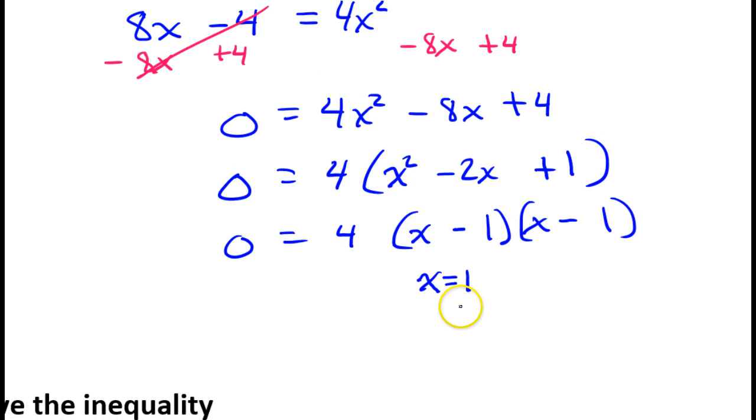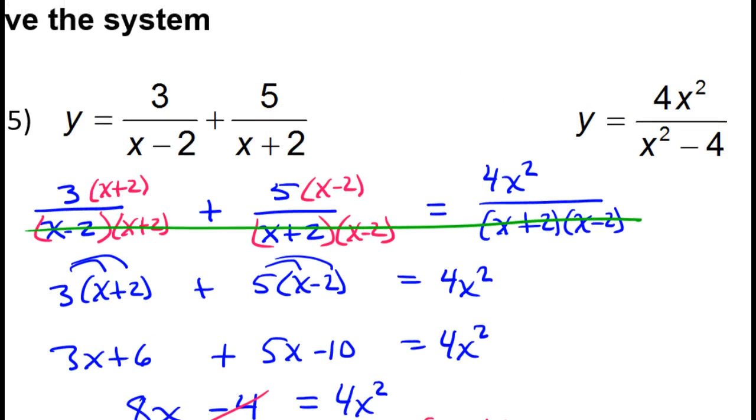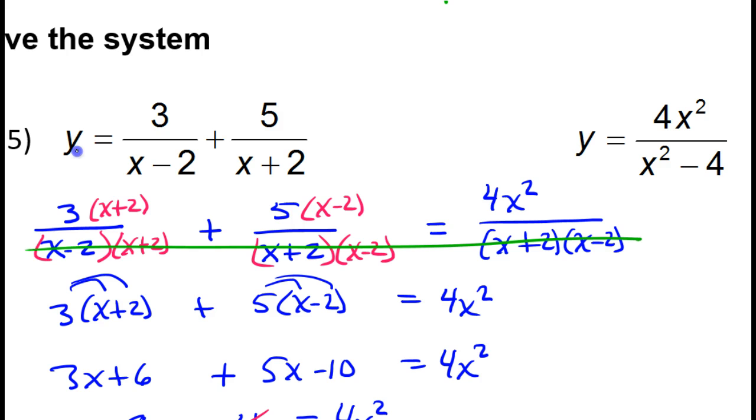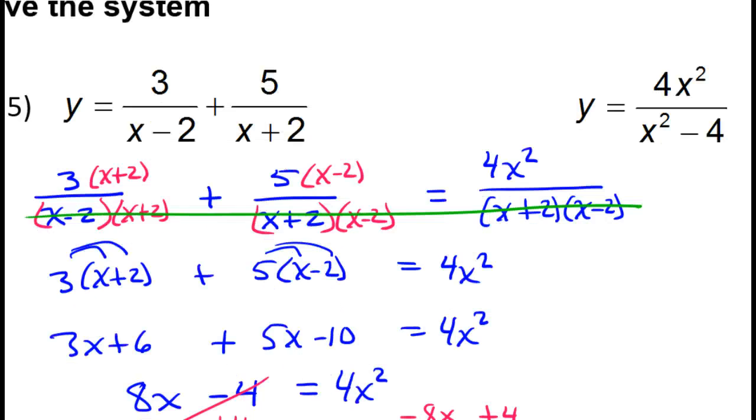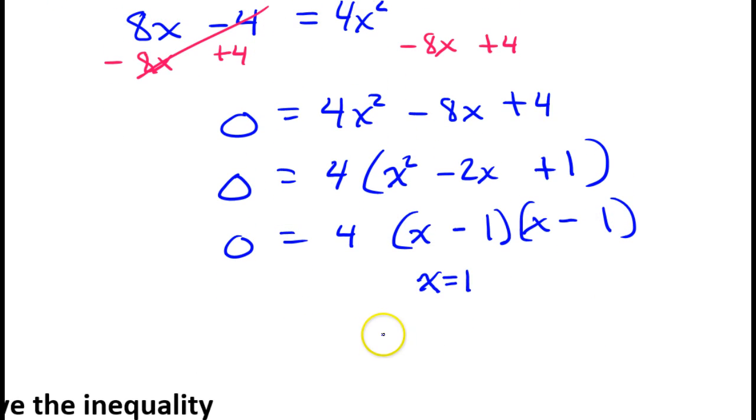But I'm not going to put a box around this and call it a day, because I'm remembering that this was a system of equations. It has y equals. So I need more than just the x value. I need the y value to go with it. So this x value is just the first coordinate of an ordered pair. I need the y value.